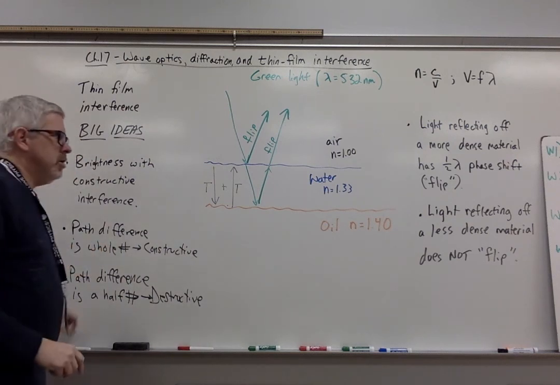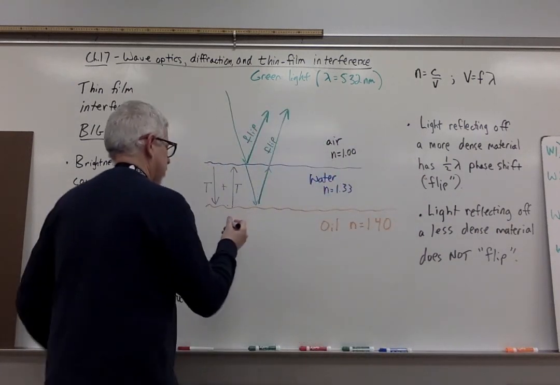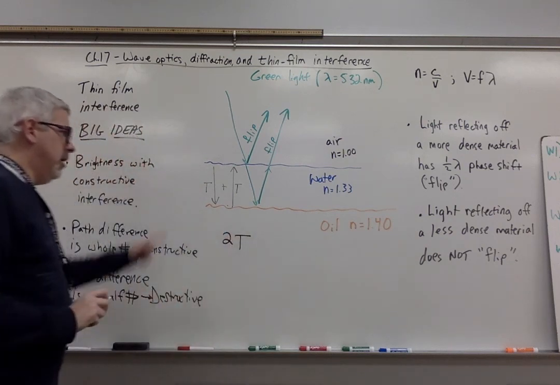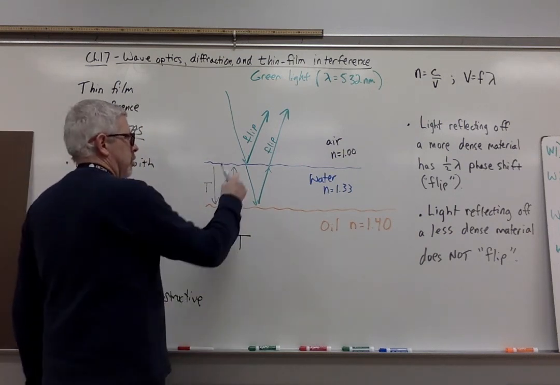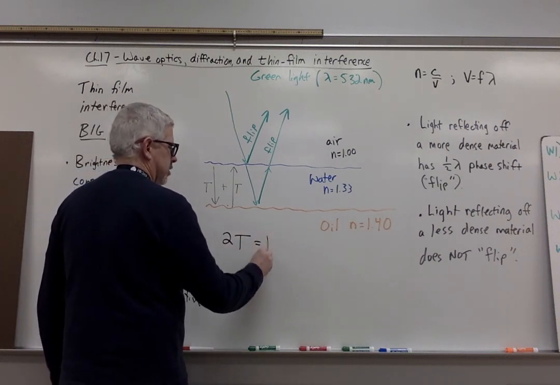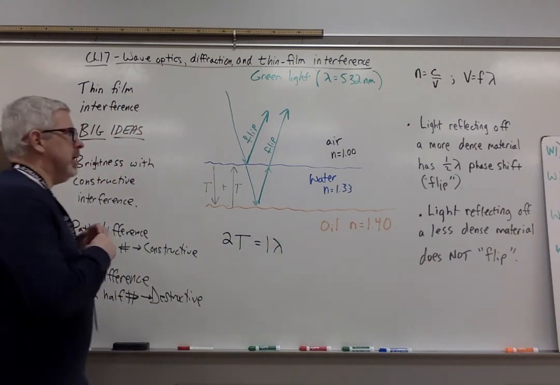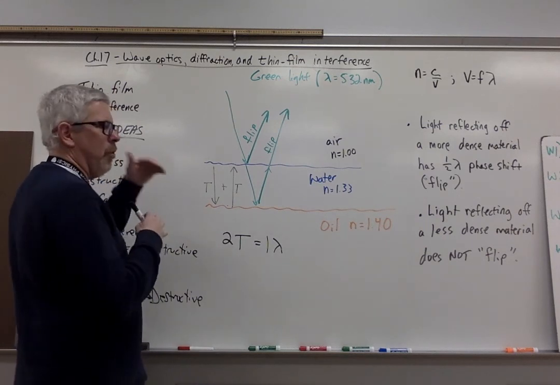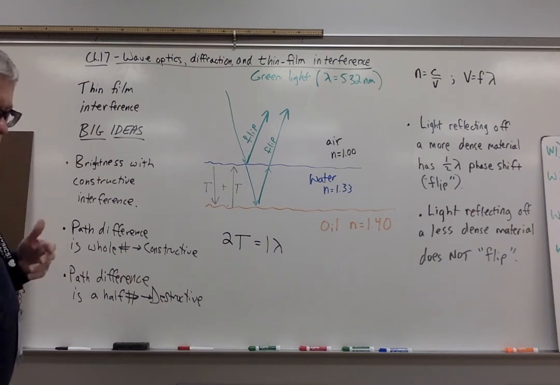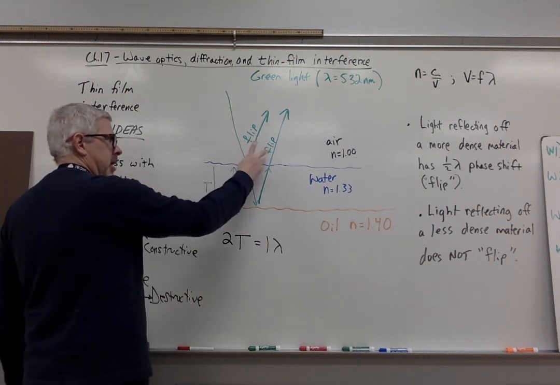So essentially, that distance, twice the thickness of this thin film, would have to equal 1 full wavelength for us to get constructive interference. Why is that? Well, we know we only get constructive interference when we have a full wavelength of path difference where something is completely aligned, like a crest and a crest or a trough and a trough. So when this was 0 thickness, they'd be aligned since they both flipped.